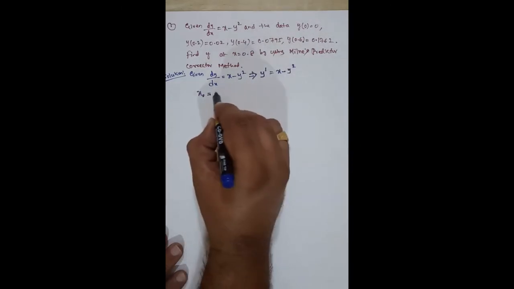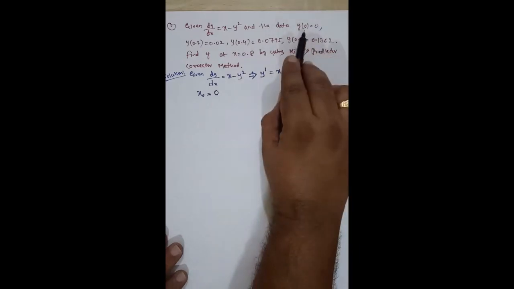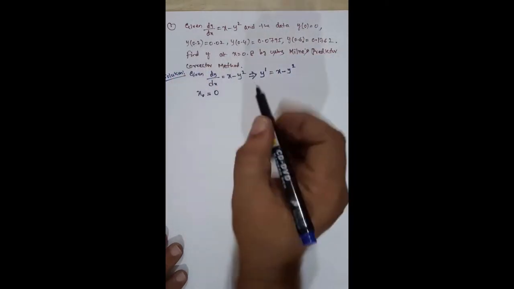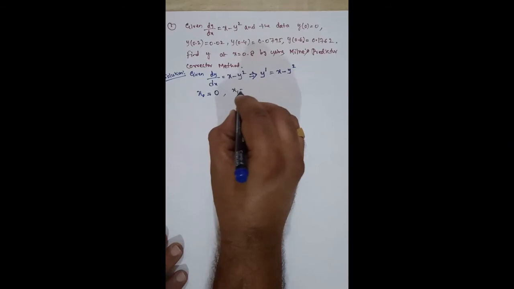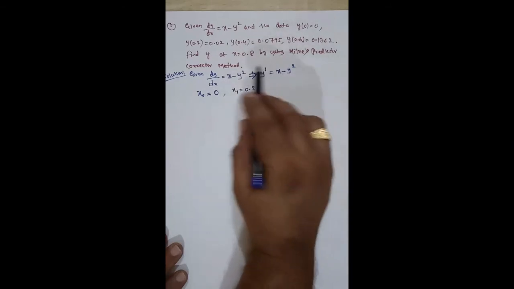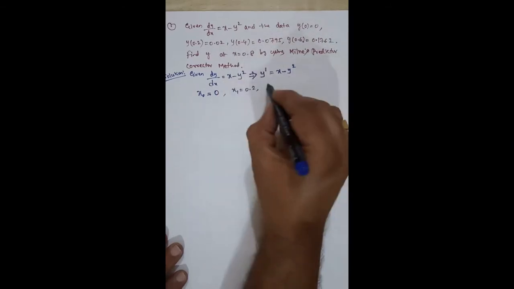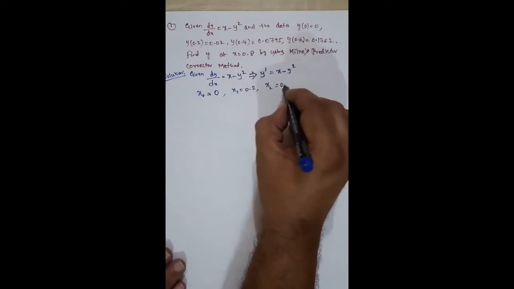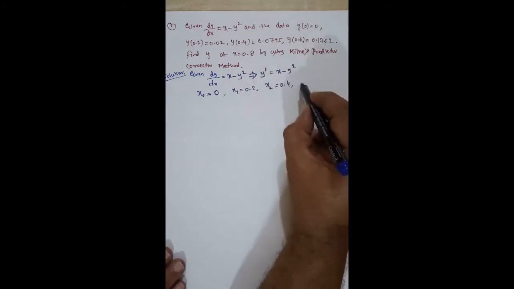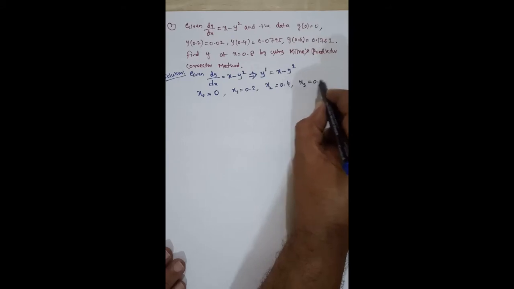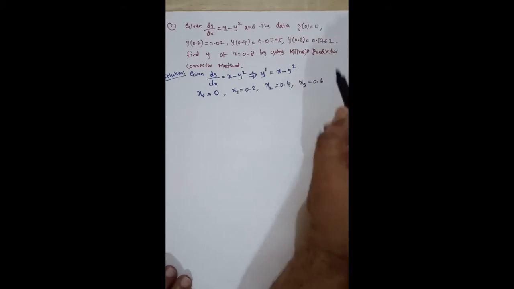x0 is 0, I mean this value. Then x1 is 0.2. Next x2 is 0.4. Then x3 is 0.6. So corresponding y values.